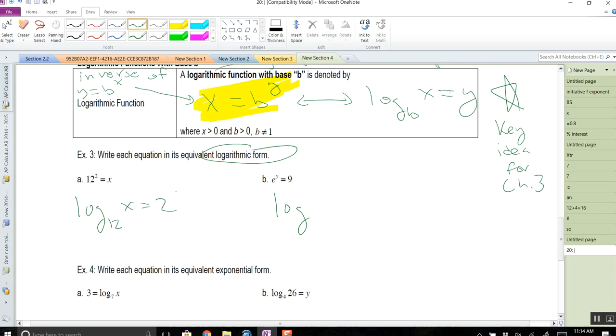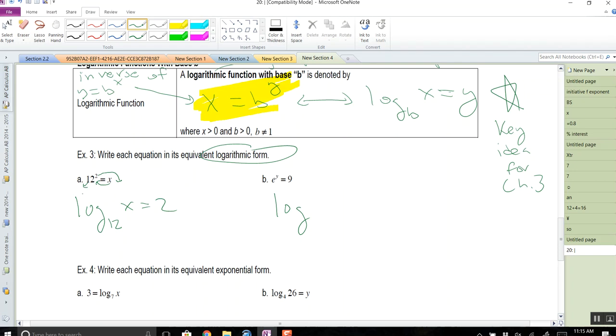The exponent gets isolated. It goes to the other side. The exponent just kind of jumps down. It's kind of like there's a little bit of a switch. Kind of like 12 gets shifted down, the x jumps to the left side, and a 2 jumps down to the right side.